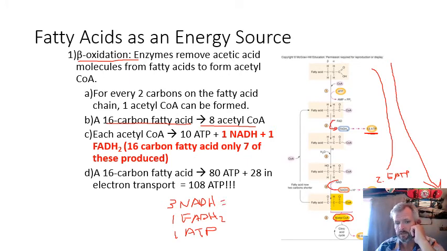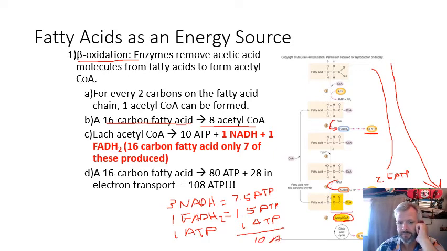How much is this worth? 2.5 ATP for each NADH, so that's 7.5 ATP. One FADH2 is worth 1.5. And 1 ATP. So for each acetyl-CoA that we cleave off from a fatty acid, we can get 10 ATP. All right, that's that number there.